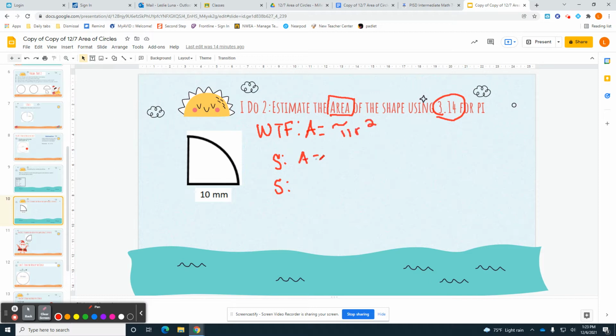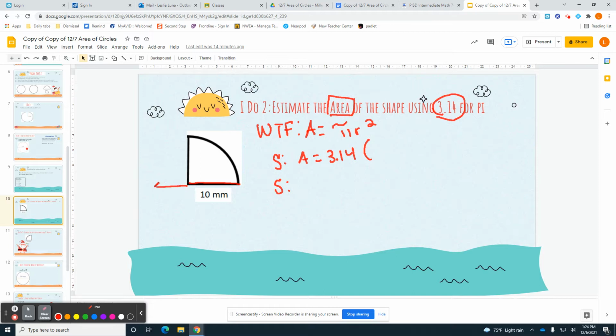So I'm going to substitute A equals 3.14. It tells me here that I'm using 3.14. My radius is going to be here. Remember that the radius is from the center of the circle to the outer edge of the circle.